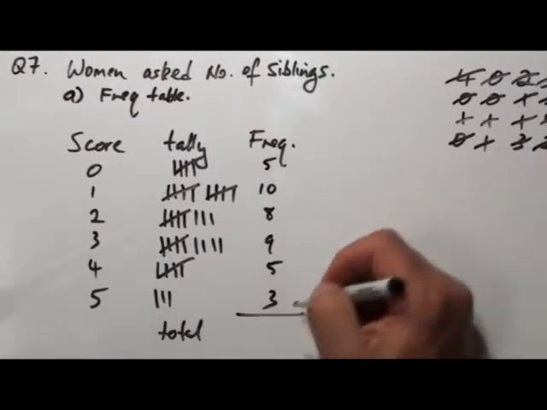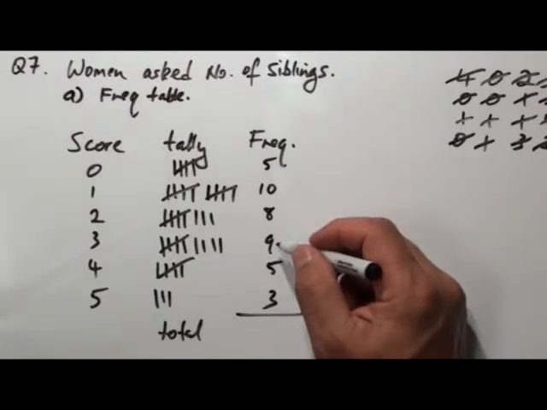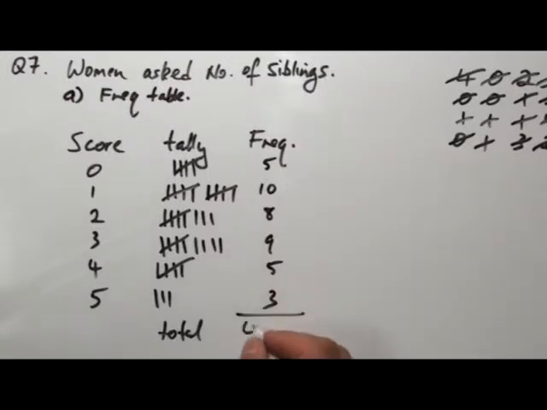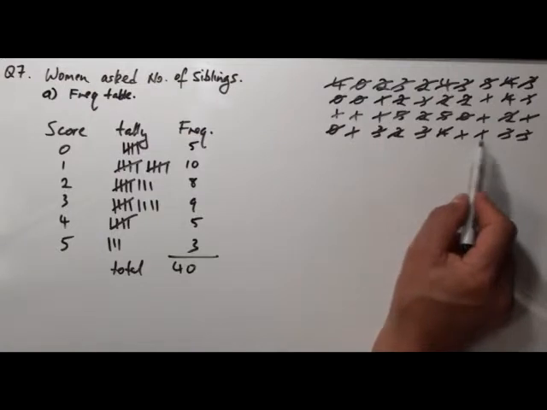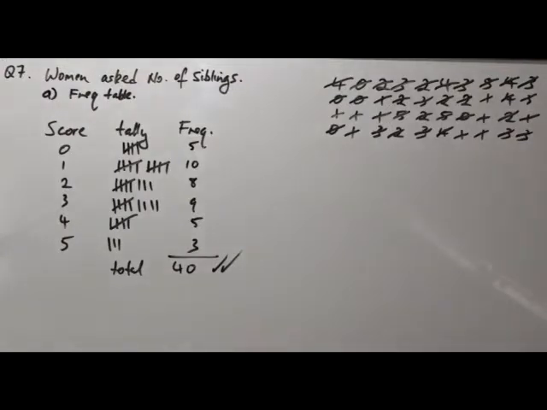So let's quickly do an addition of this table. So that's 8 and 9, 17, 25, 35, 40. Quickly here I've got 1, 2, 3, 4, 5, 6, 7, 8, 9, 10 by 4, which would be 40, which shows that I've actually got the correct total for the frequency there.